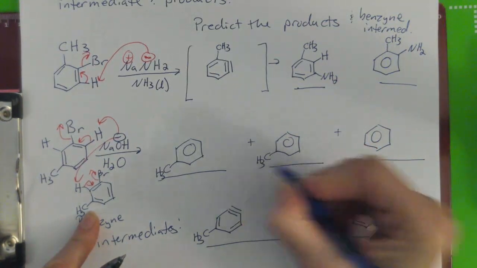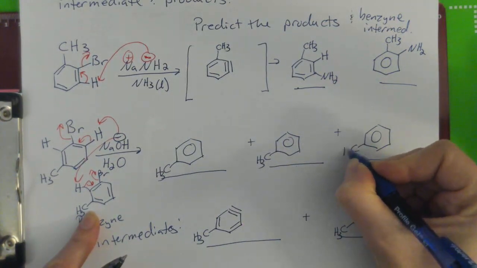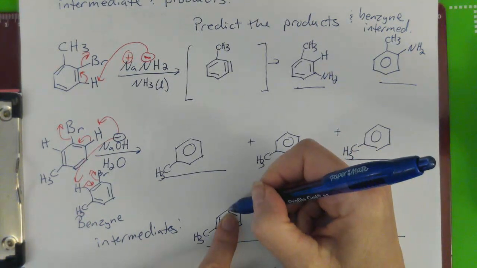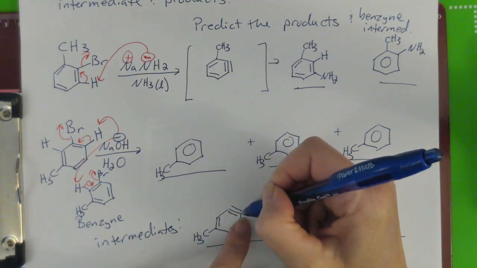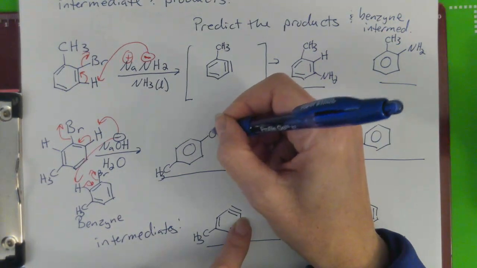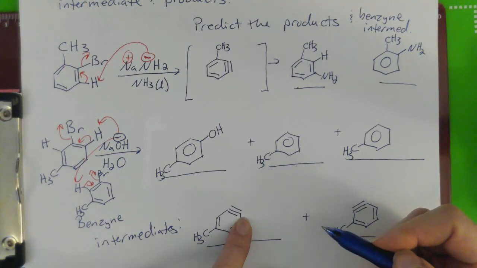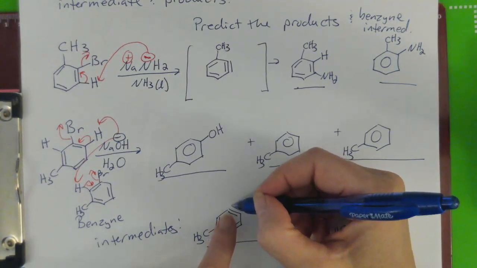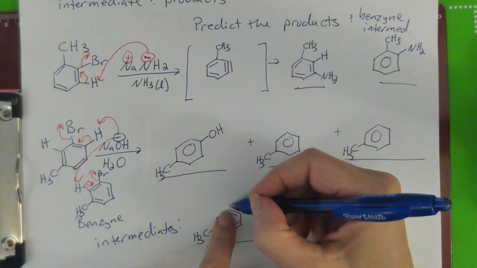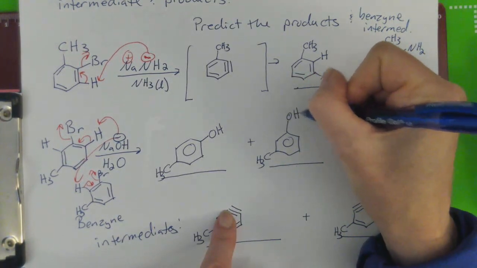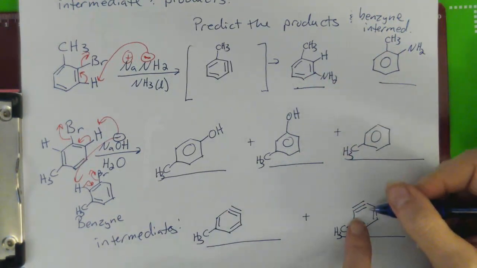So that's going to be there on all of them. Okay, so starting with this, if I add the H here and then the OH here, the phenol is para to the methyl group. All right, let's flip it around. What if I add my OH here and the H here? H there.